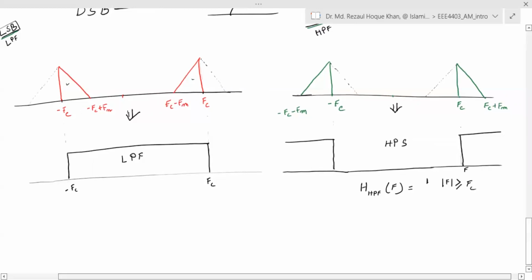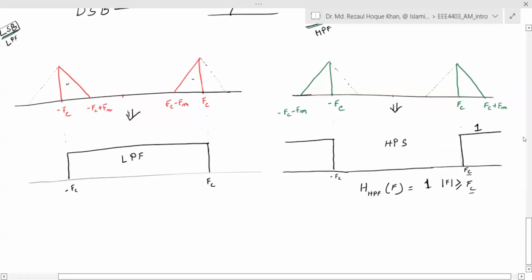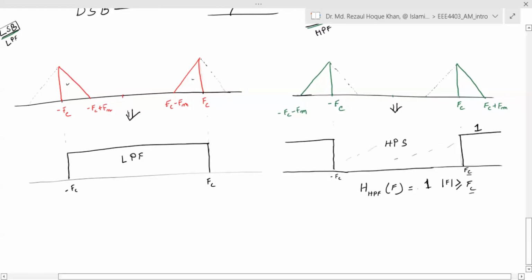You see, this is FC, this is minus FC. So the transfer function of this high pass filter is 1 for all the frequencies greater than FC, otherwise, in this portion, it's 0.